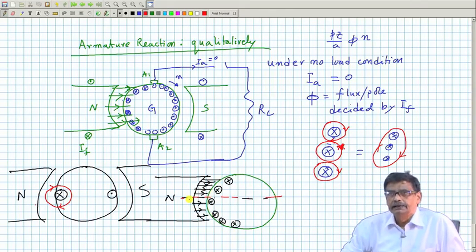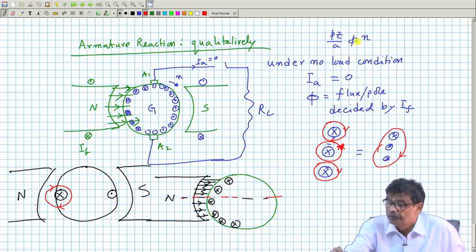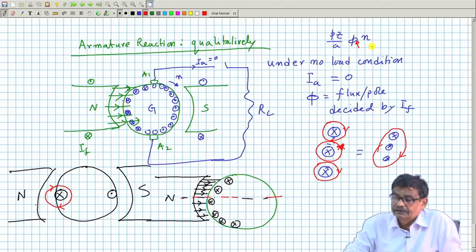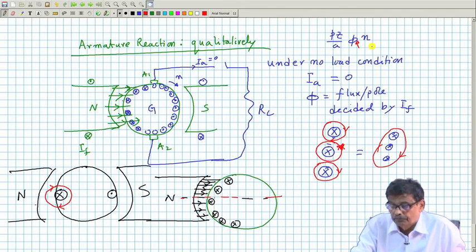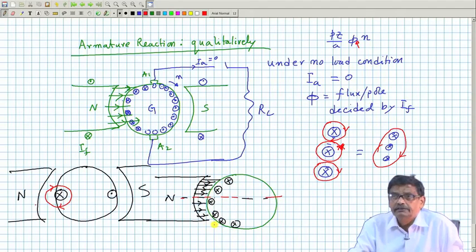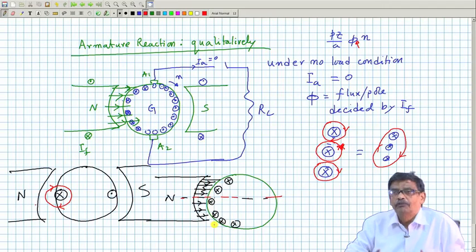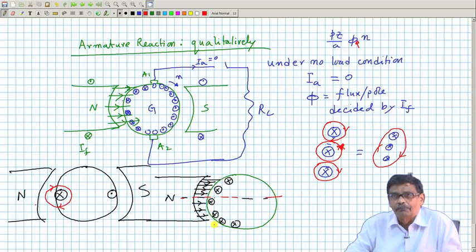If that be the case, then it looks like it is the flux per pole which decides the induced voltage across the armature. When you are not loading, the flux per pole was phi. Now, if I load it, then I know that in one half of the pole flux will increase and in the other half it will decrease. Therefore, flux per pole perhaps will remain same. This is the most interesting part.